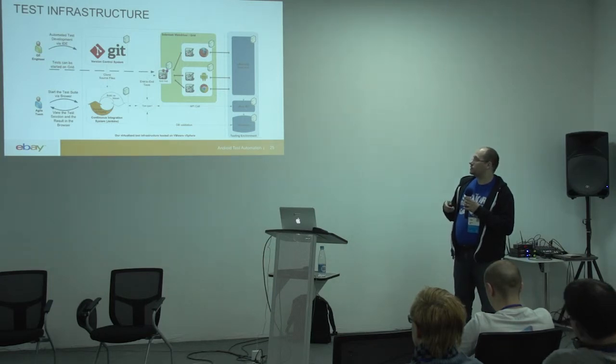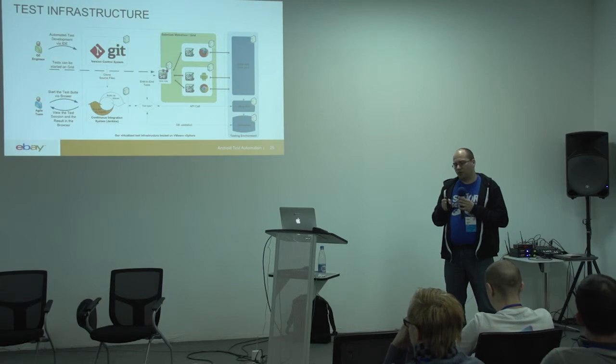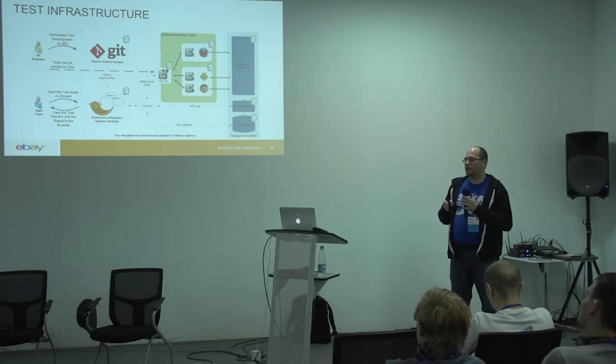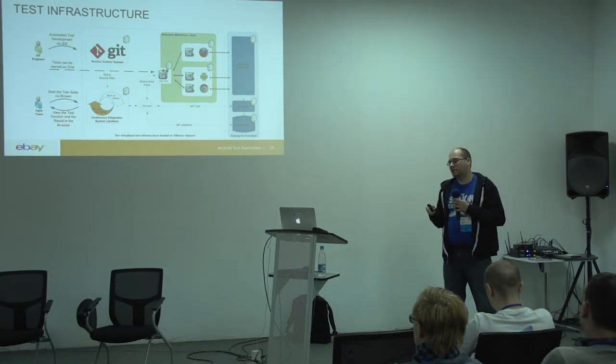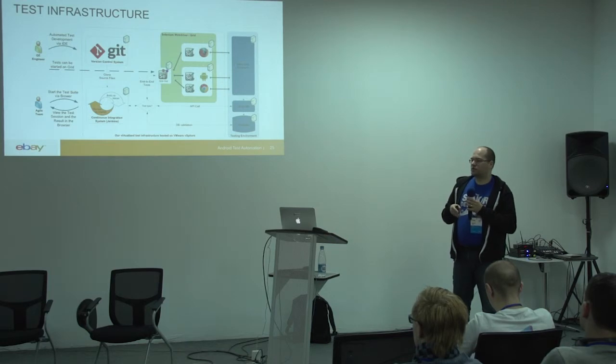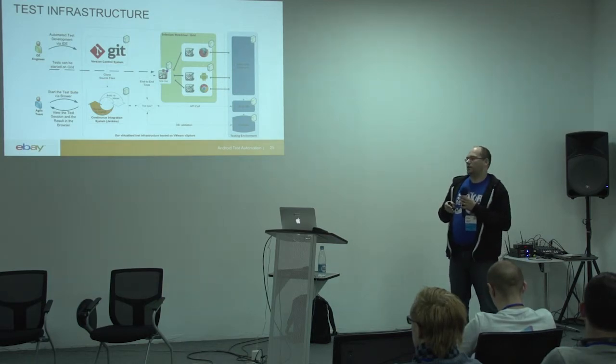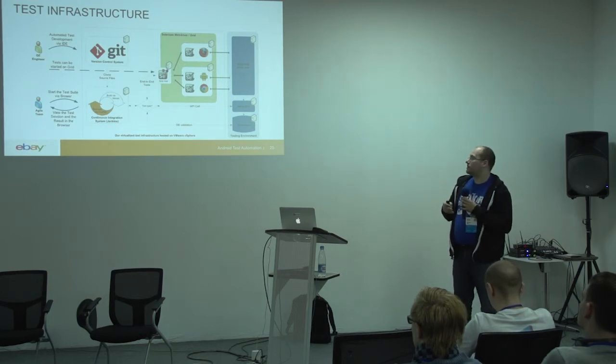The good thing is that we're also using VM snapshots. That means we can revert the VM back to the original state after a certain number of test cases has been executed. For example, if the emulator had some issues, we can just go back to the original state.